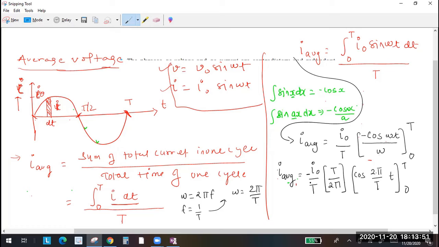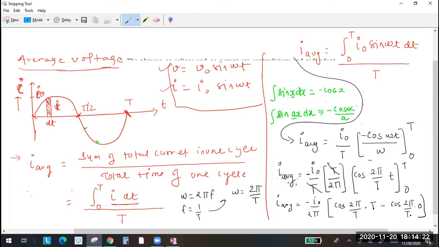Very good. So now can you say that I can cancel T and T? Understand? So the I average comes out to be minus I naught over 2 pi. Now I'm going to place higher limit minus lower limit, if you know integration. So T, cos 2 pi over T into, in the place of t, I will write T, minus cos 2 pi over T times 0.